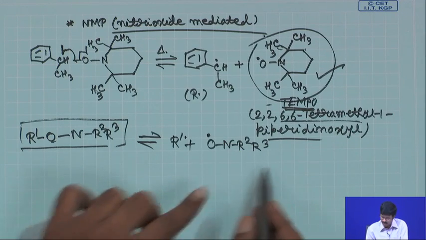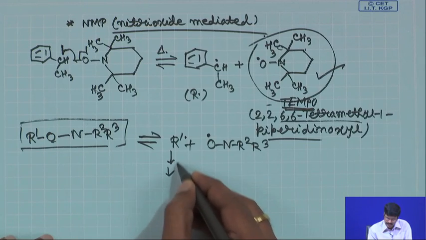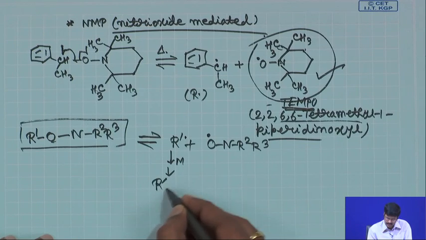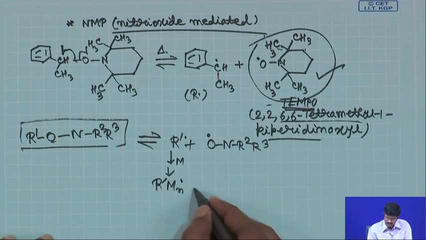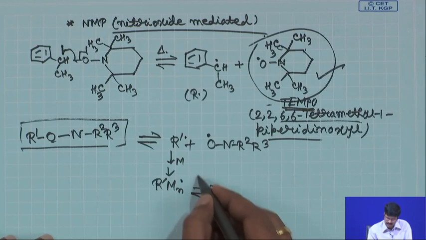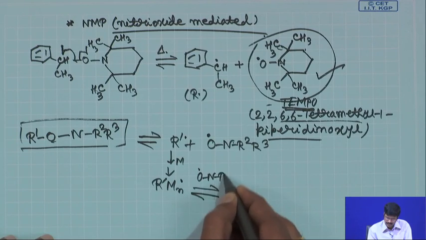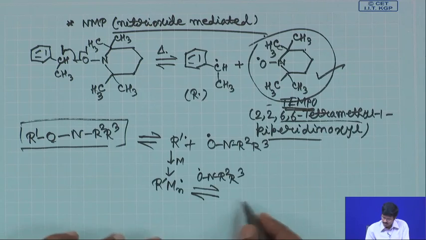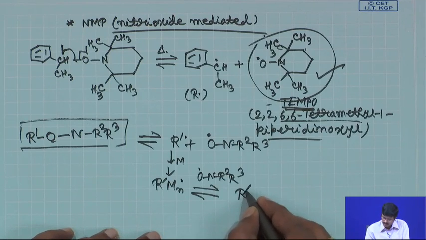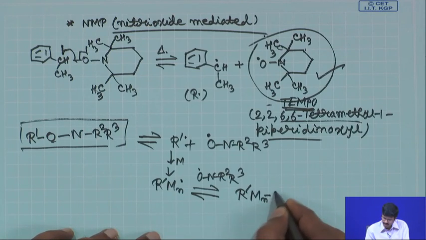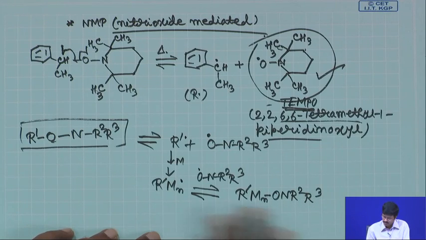So, this is a nitroxide radical. The same way this can react with monomer and it can create this propagating species, and that can be reversibly terminated by this nitroxide radical to create this dormant species, O N R2 R3.